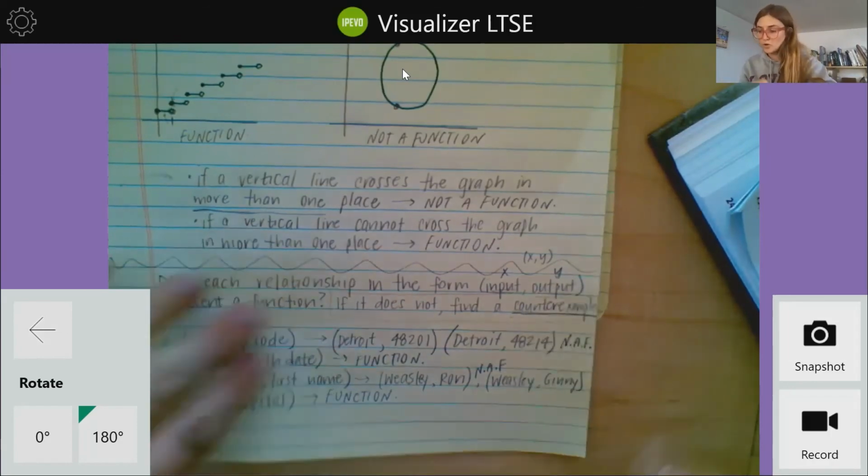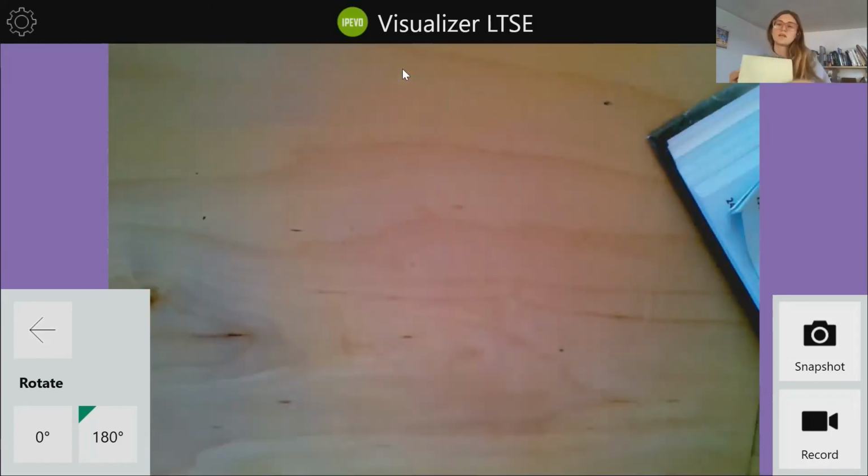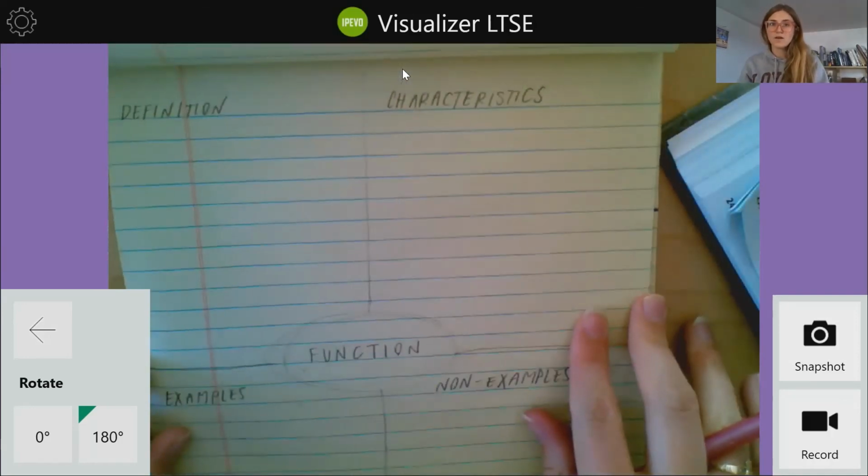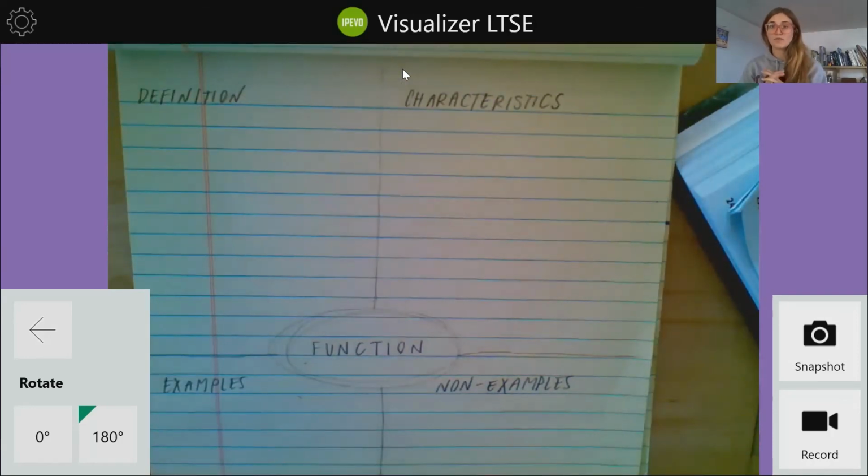One last thing I want to show you, and this is just kind of a note-taking tool that I think would be helpful. This is called the Frayer model, and it just helps to reiterate what we just learned here about functions. You can use this for any vocab word, but we're talking about functions.